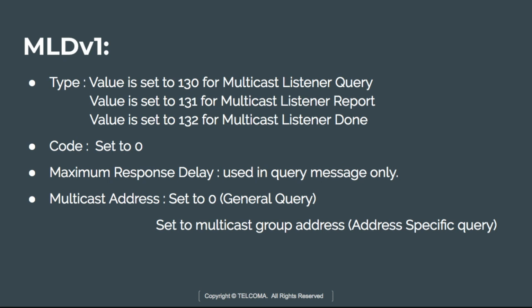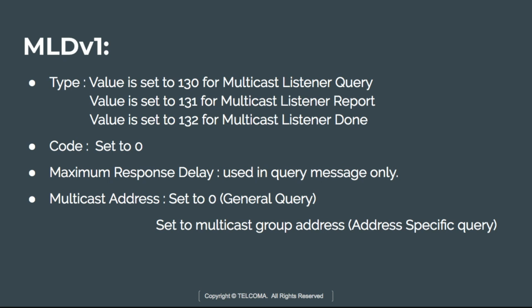For a general query, the multicast address field is set to 0. After that, if the value 130 carries an address specific query, it will find out whether there are members for a specific multicast address over a link or not. Then the multicast address field is set to the multicast address for which the query is done.